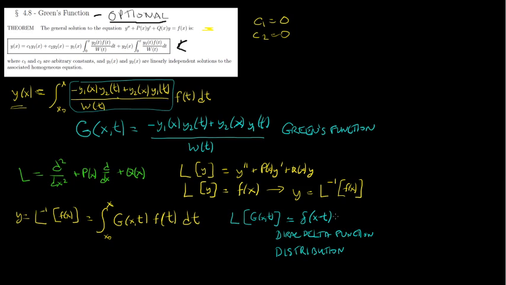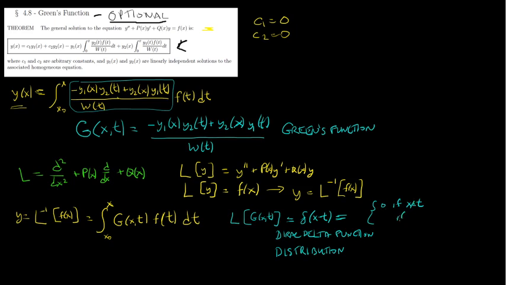We'll cover distributions. But the reason why this is not really a function is, and this is not how it's defined, but informally we can say this is equal to 0 if x is not equal to t. So when t and x are different, then it's just 0.